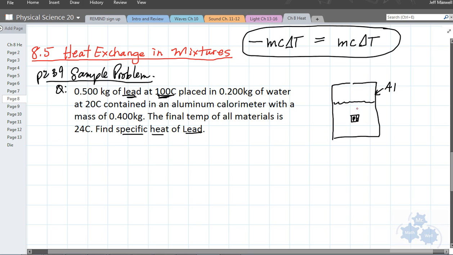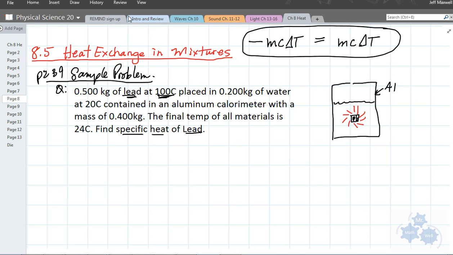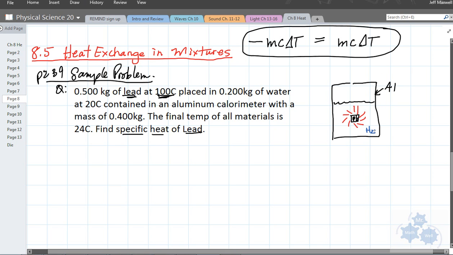Because this piece of lead is so hot, it's going to be giving away heat, right? And what's going to be picking up the heat? Well, the water and the aluminum. So the water and the aluminum body of this calorimeter are going to be picking up the heat. We've got hot here, cold here, and it's all going to level out.